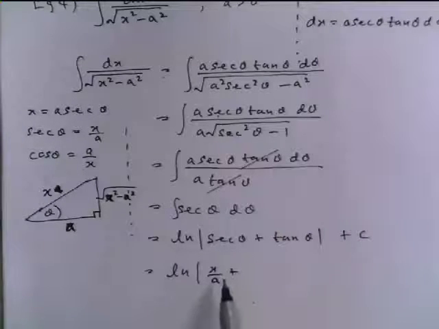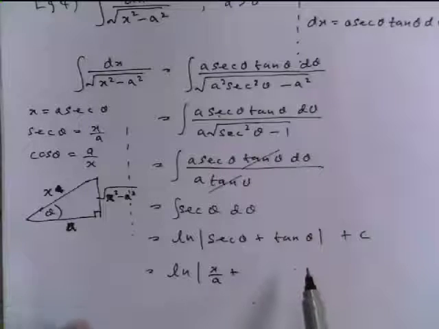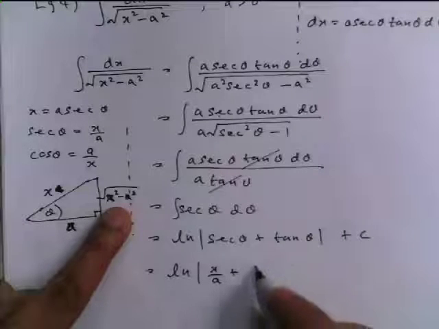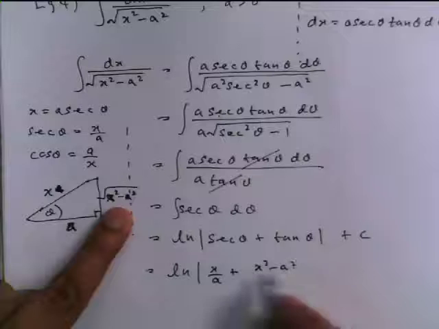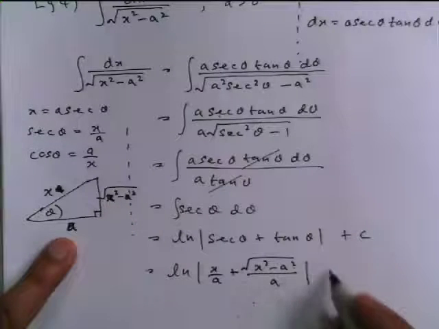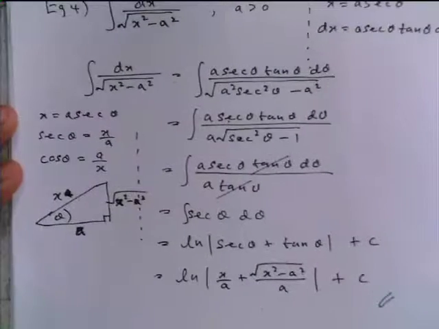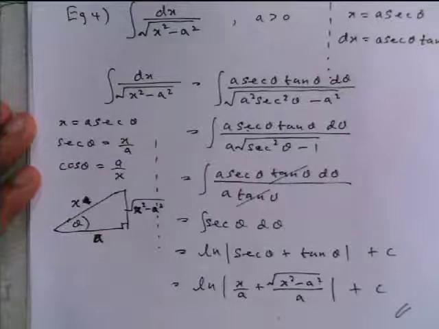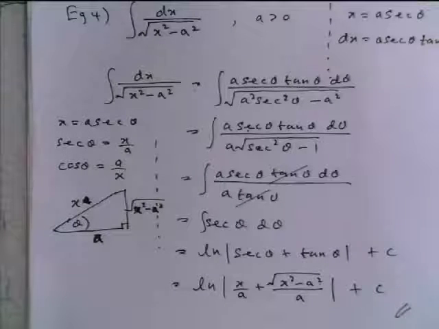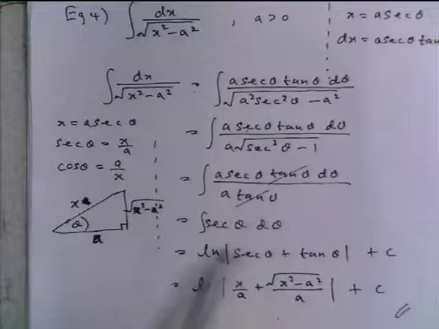So secant theta is x over a. What is tan theta? Tan theta is the square root of x squared minus a squared divided by a. That's the answer. Compared to all the other examples, because the previous ones were difficult, this is just an easy one.